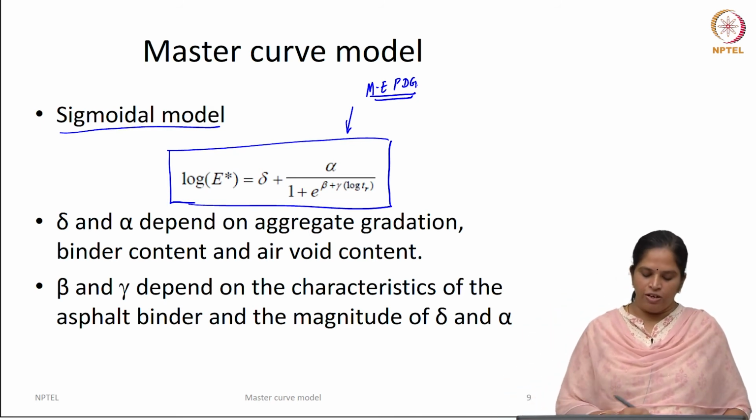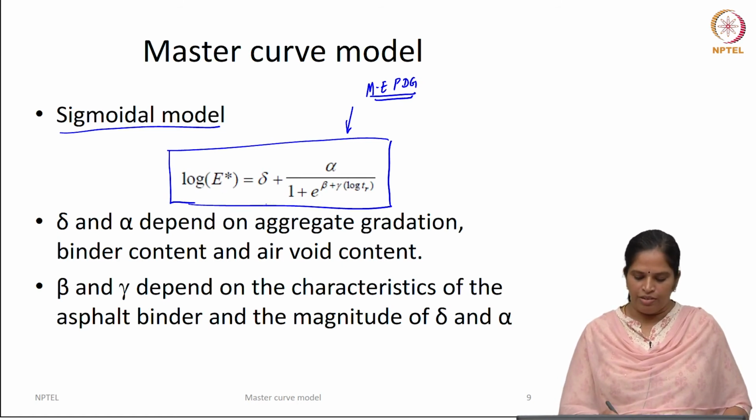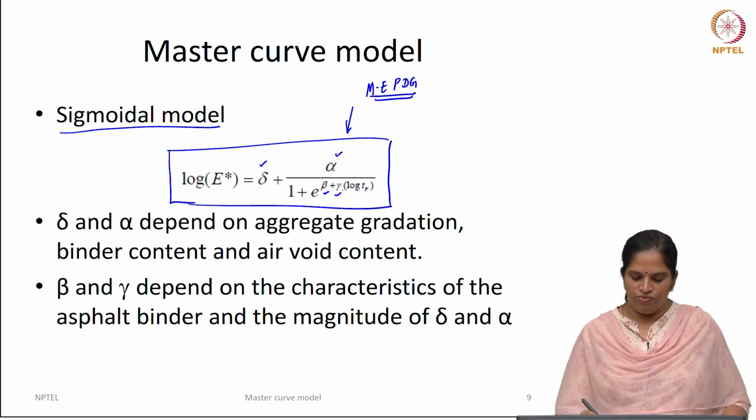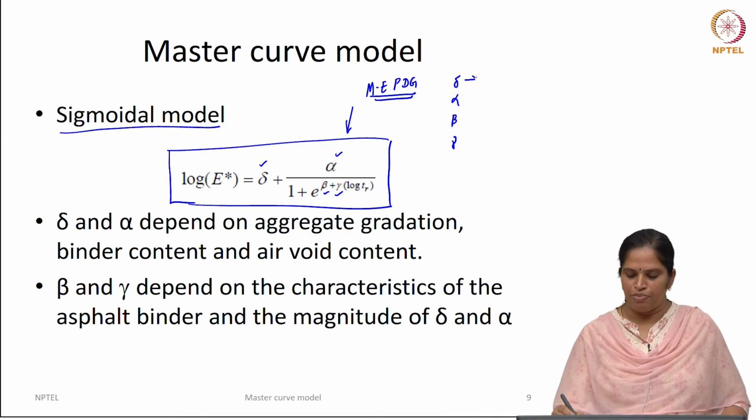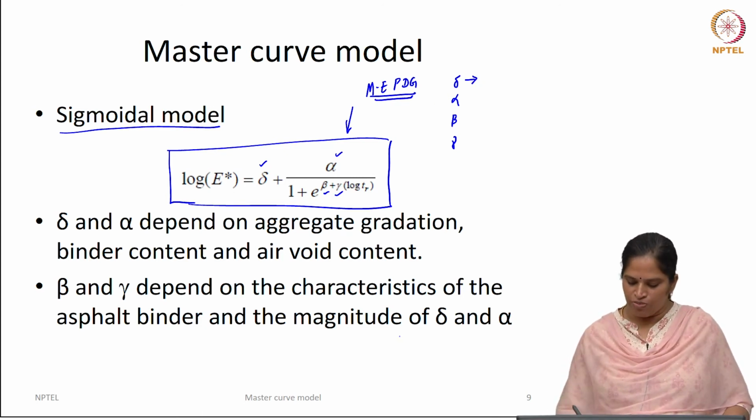Now if you closely look into this model, you can see that the dynamic modulus value depends on four constants: delta, alpha, beta and gamma. Delta here is the minimum modulus. It takes a sigmoidal form, so the form of the curve is something like this.